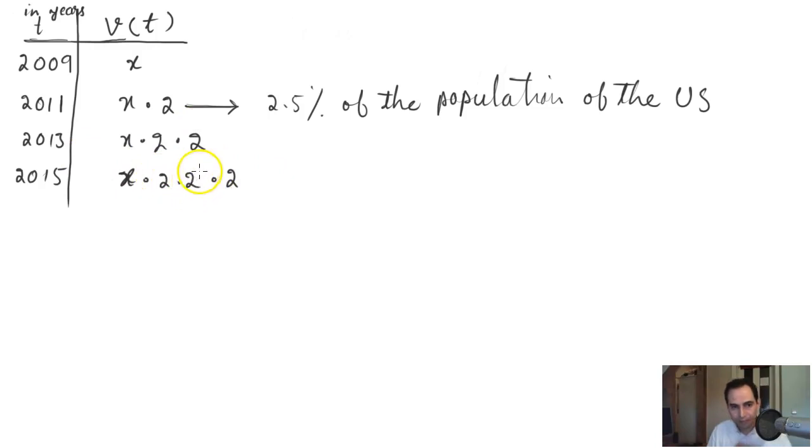That's not important, how many years have passed. For now we just don't need it. And they say that in 2015 this is going to be 10% of the population.